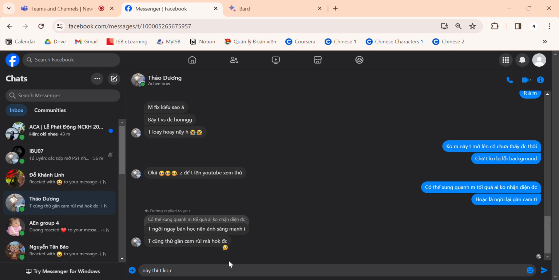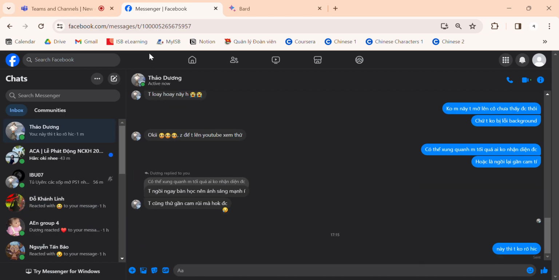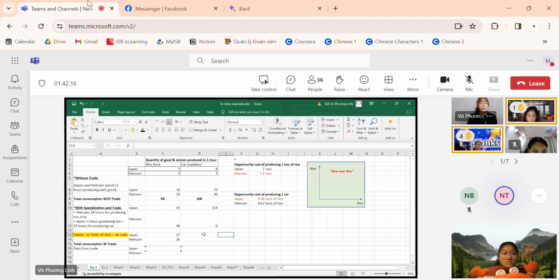Okay. And for cars here? For cars, Japan can consume 76 cars.